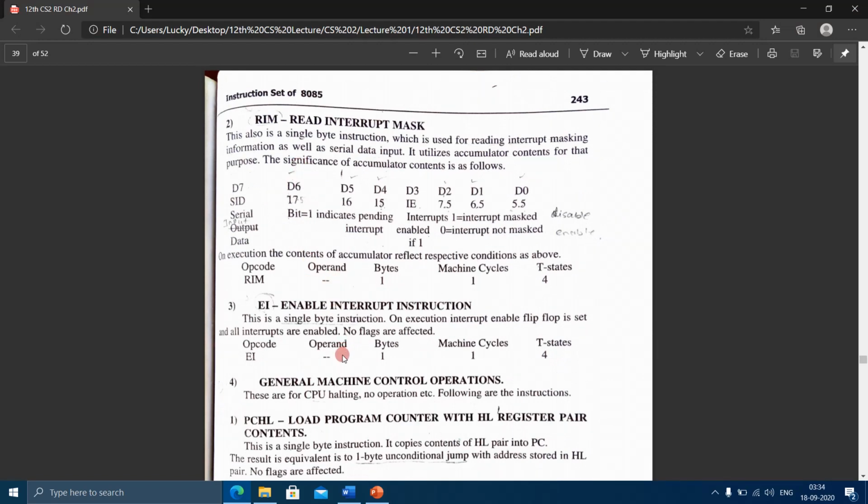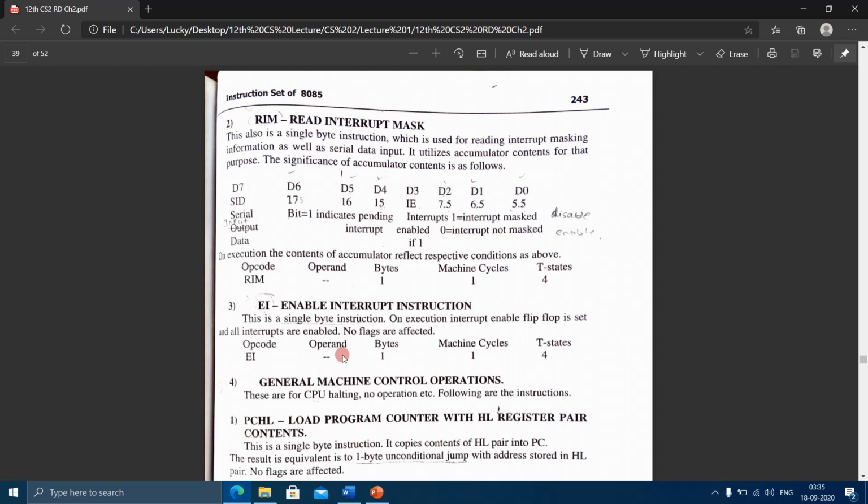Then we'll talk about the RIM instruction. The RIM instruction is used to read the interrupt mask. The SIM instruction is used to set the interrupts, to make the interrupts maskable or non-maskable, by deciding the bit pattern of the accumulator. But the RIM instruction reads the contents of the accumulator.